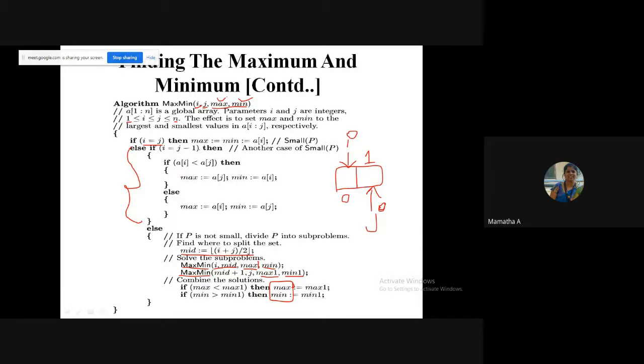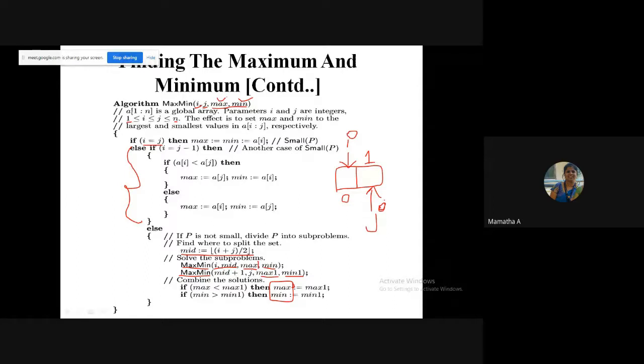Okay. Coming on to the recurrence relation. Can anybody guess what is the basic operation here? To solve all these things, what forms the basic operation to find maximum and minimum in the array?